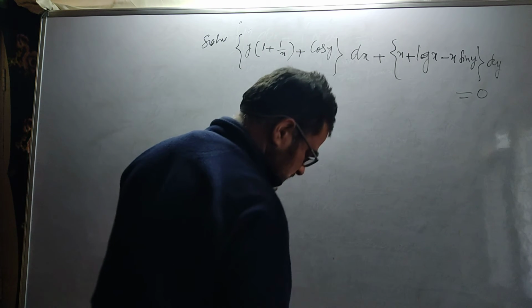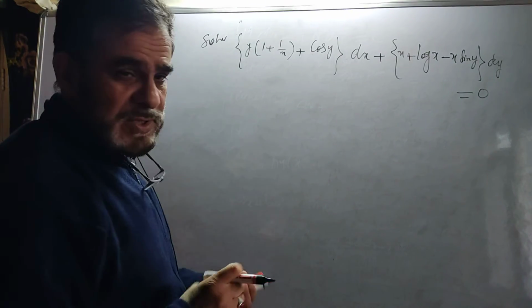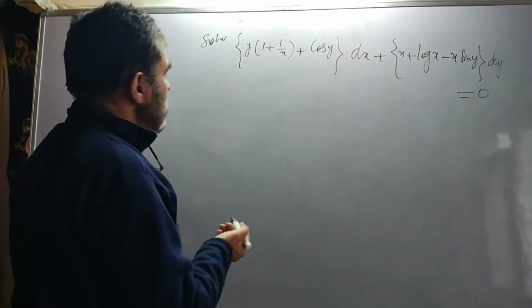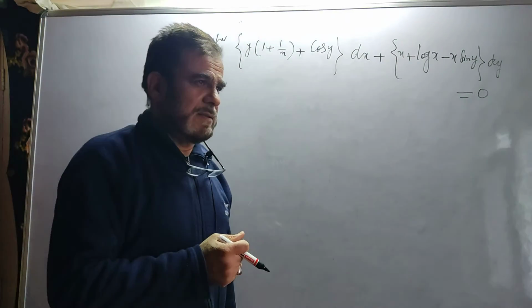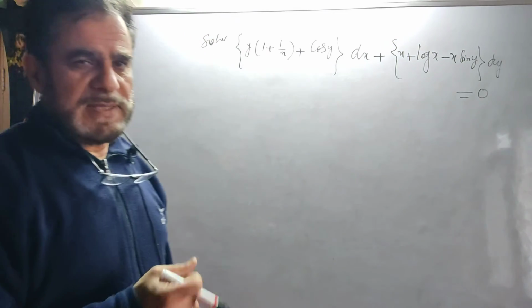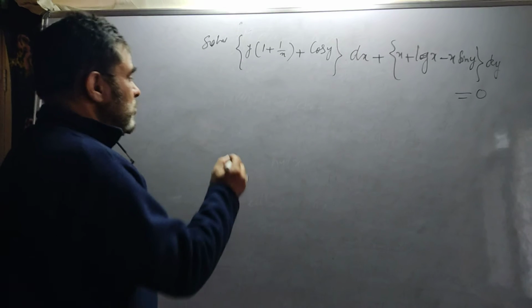You have this differential equation. You see, if it is exact, how we solve such a differential equation. This is also a typical one. Because if you try to solve it by the variable separable method or by homogeneous, it seems to be difficult, but exact may help to solve it very easily.